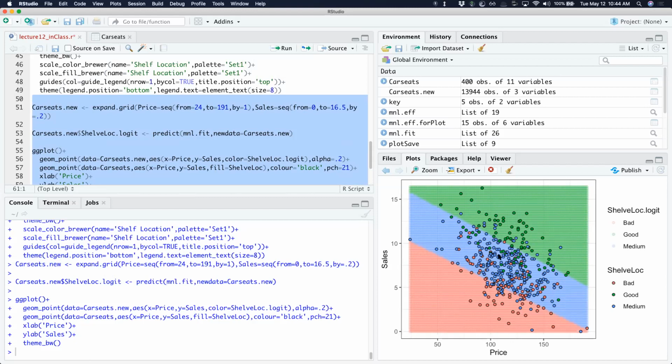Now that I have the model, I can do a prediction for a given input of price and sales, and I've done that across a whole set of price and sales combinations.